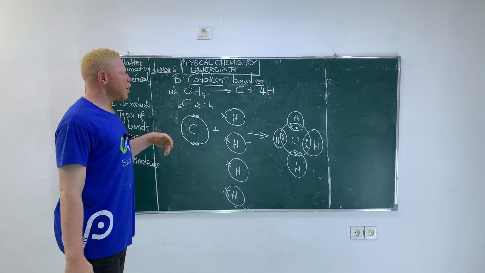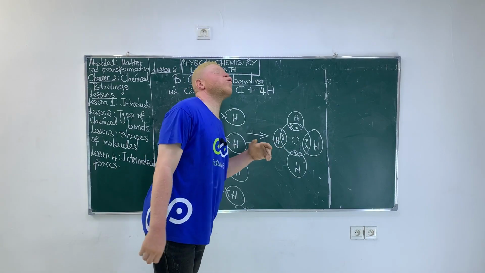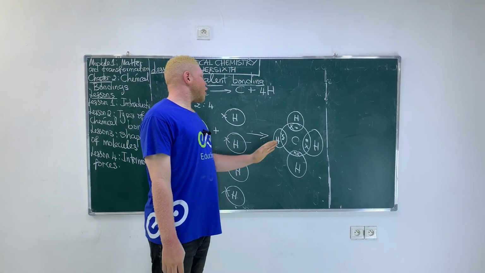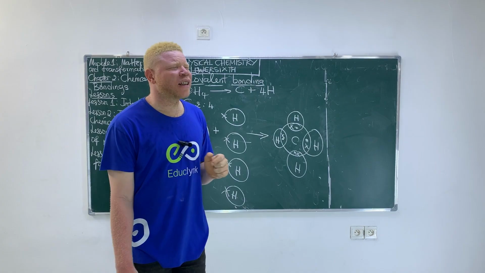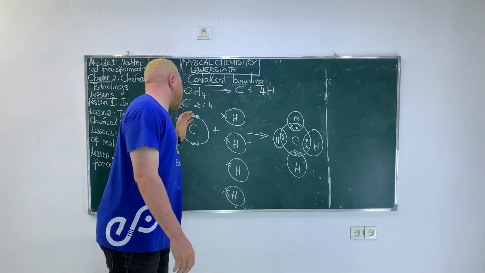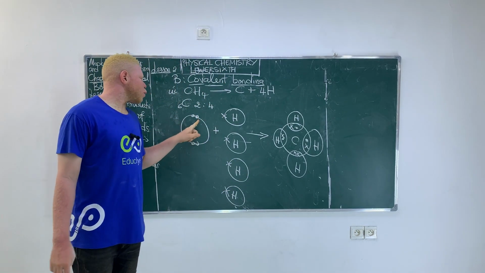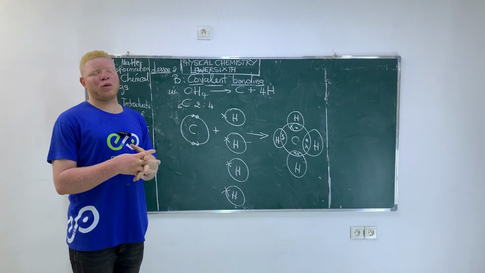So clearly see that the hydrogen atom is having just 1 electron, and the carbon atom is having 4. Given that we have 4 H and 4 electrons, each of the electrons bonds to this electron. That means they pair up together.